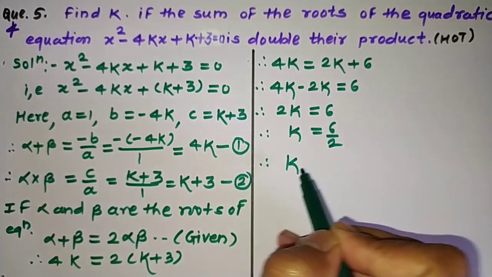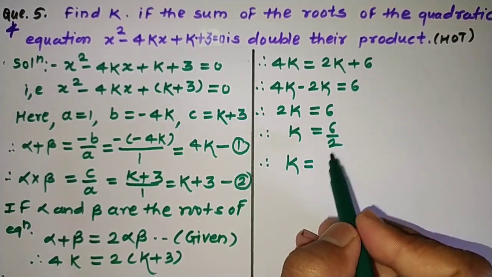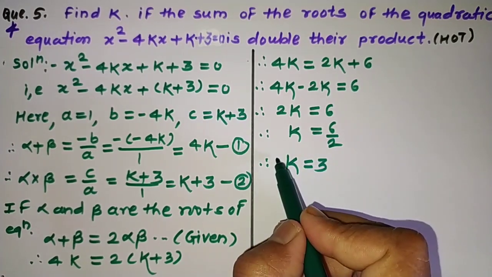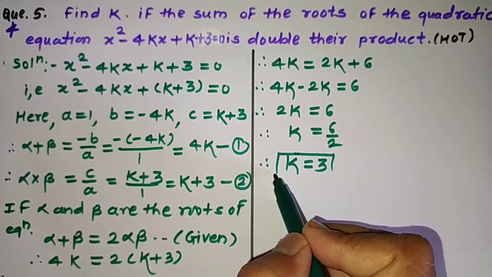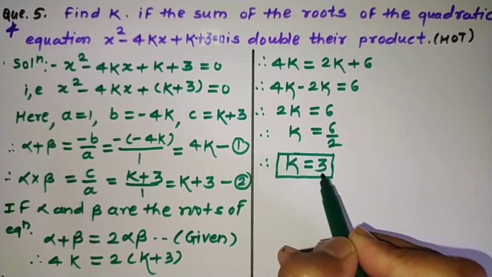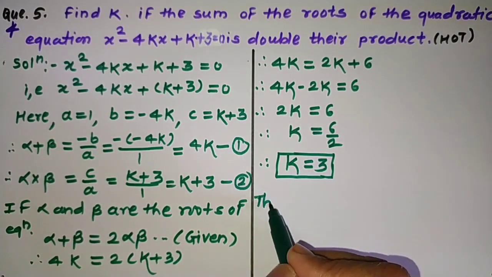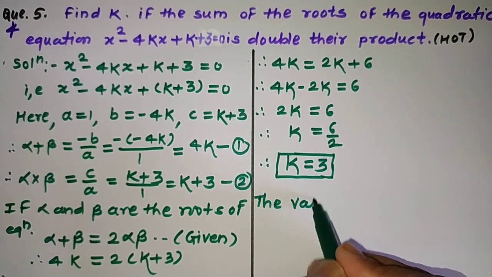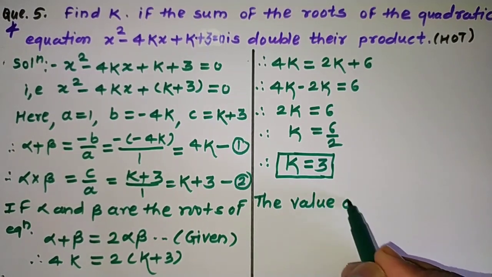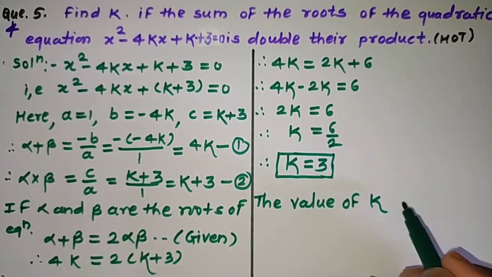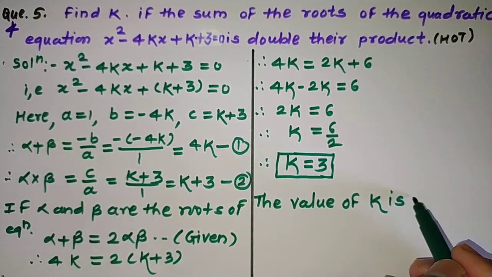Therefore k is equal to 3, 2 3s are 6. The value of k is 3.